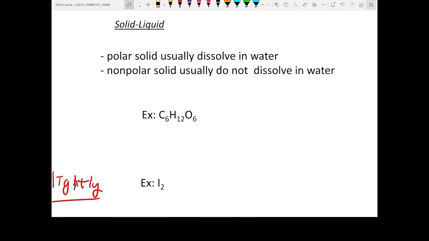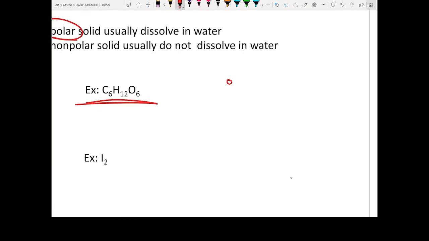So here we mentioned a keyword, the polar solid. This one will be a little bit more challenging and require a little bit more chemical knowledge. For example, this guy, what's this? Sugar. Assuming you know the structure, it's very easy to answer the question. So that is the structure. Would this substance dissolve in water?